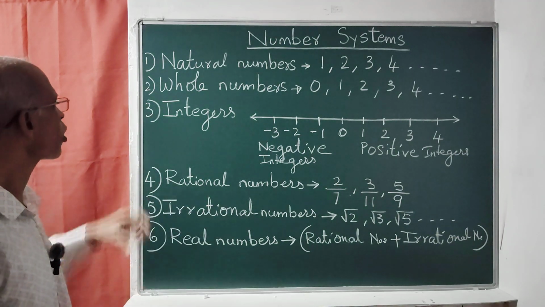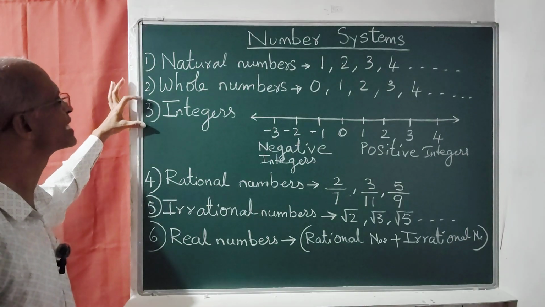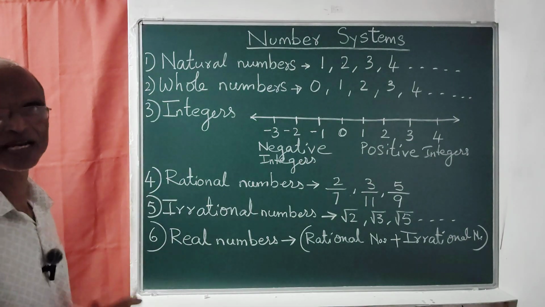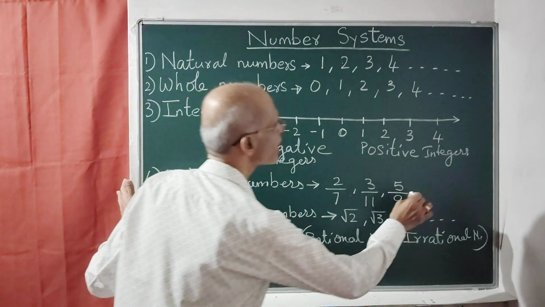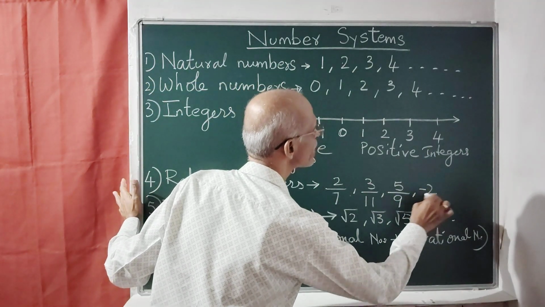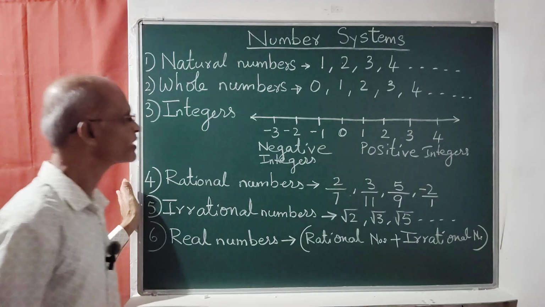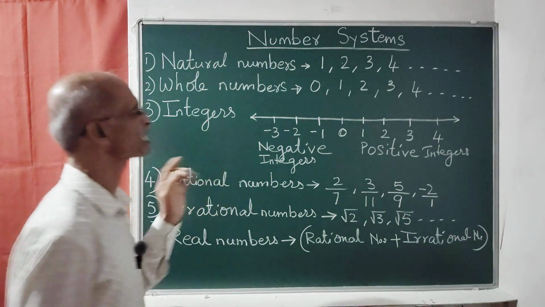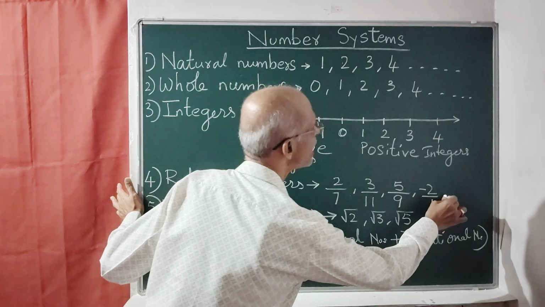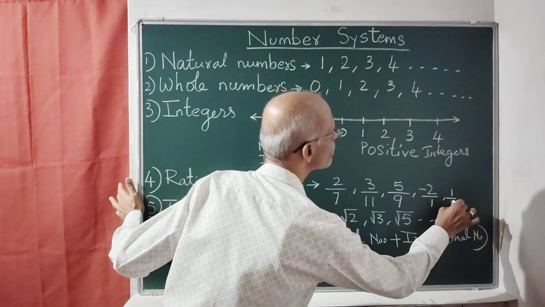See, we can write all the integers in the form of rational numbers. For example, if I take minus 2, I can write it as minus 2 by 1. If I take 1, I can write 1 as 1 by 1.